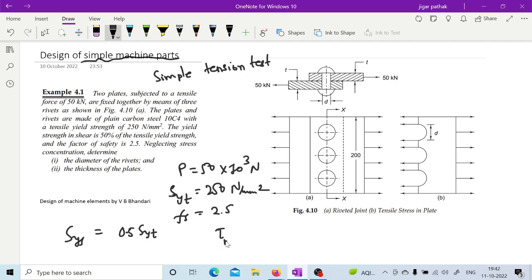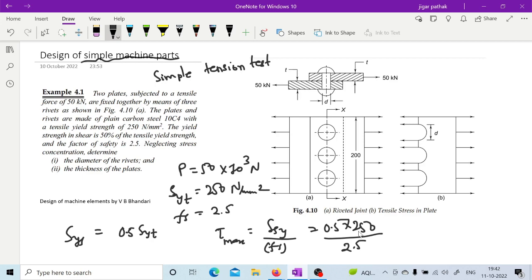So from this, maximum tau can be SSY upon factor of safety, right? So now this 0.5 into SYT, here the yield strength can be considered as the failure stress. Here the yield strength is considered as the failure stress.